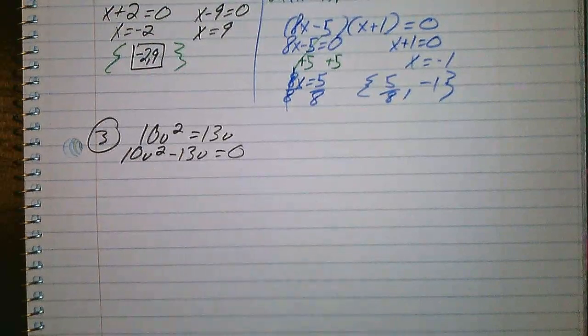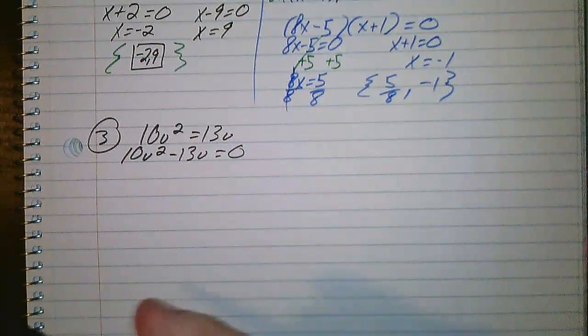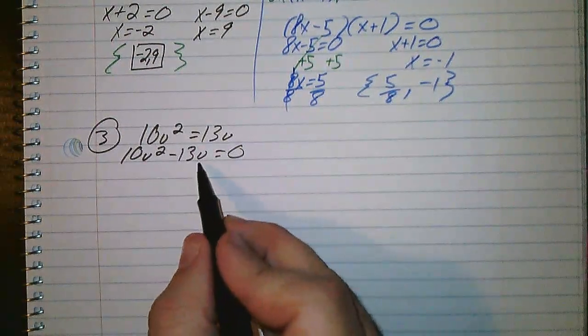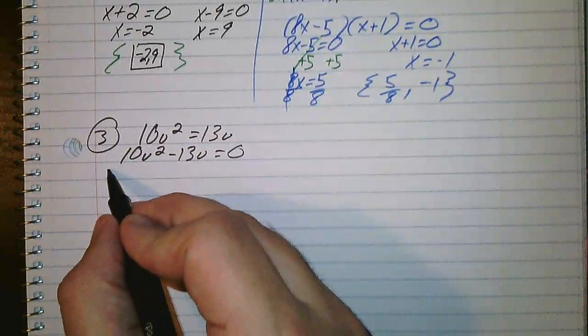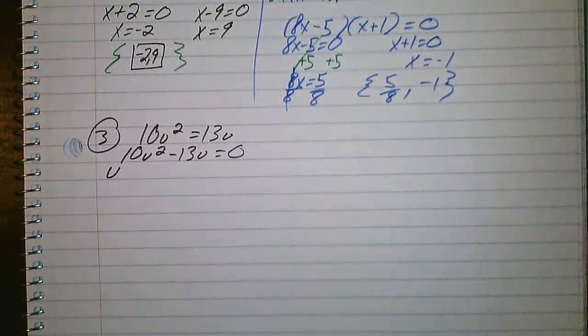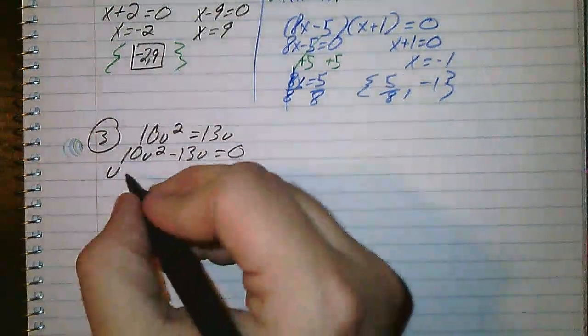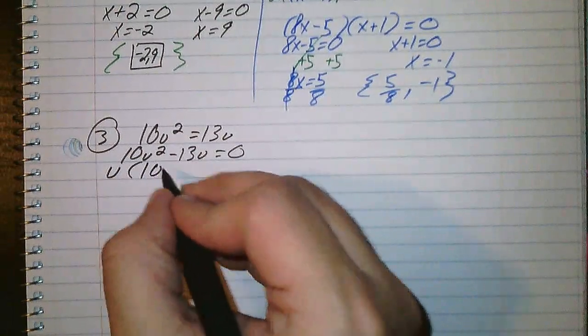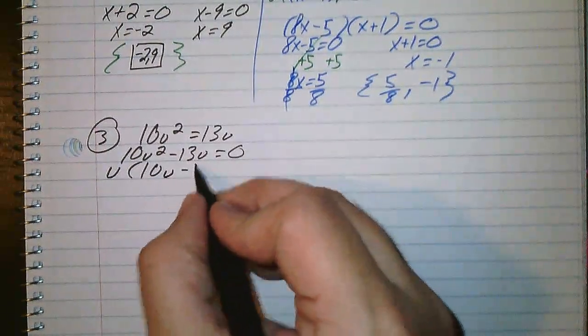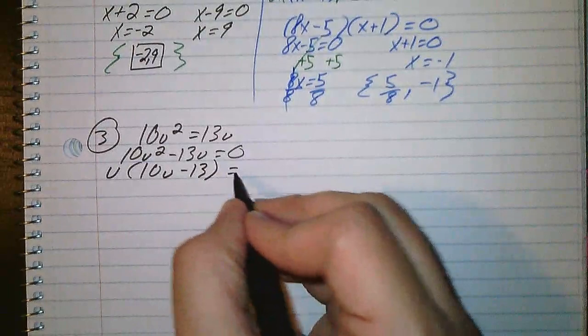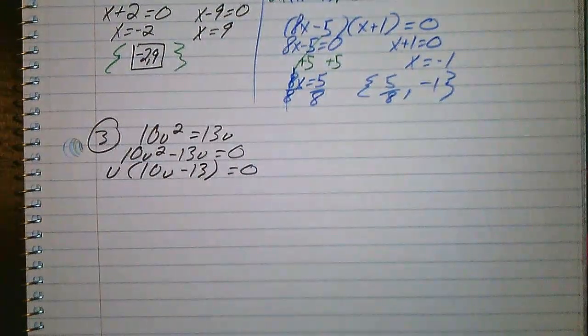We don't try to combine them. We look for how we can factor. So out of 10u squared and 13u, I can factor out a u, leaving us with 10u minus 13 equals 0.